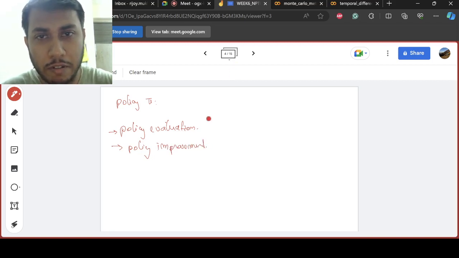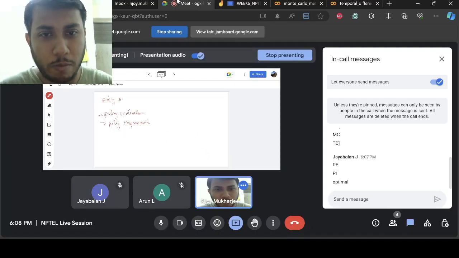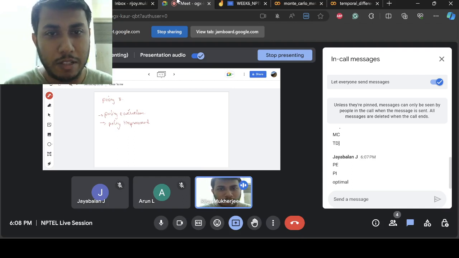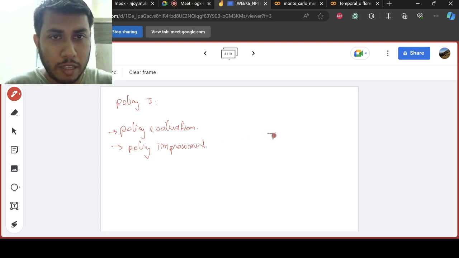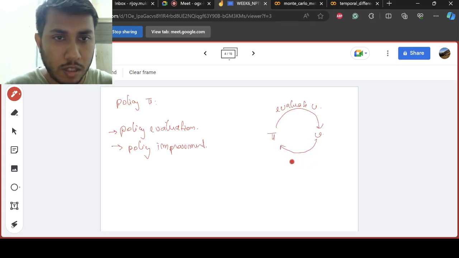You have already evaluated the policy. Now you find a better policy than the one you already have. How do you do it? You have your pi and you have your v. You are evaluating it, and then you are doing improvement.